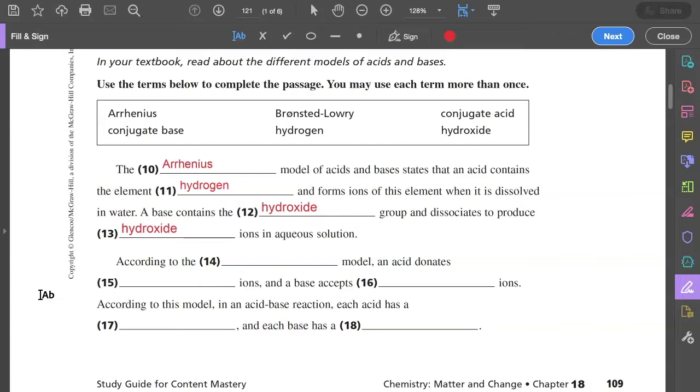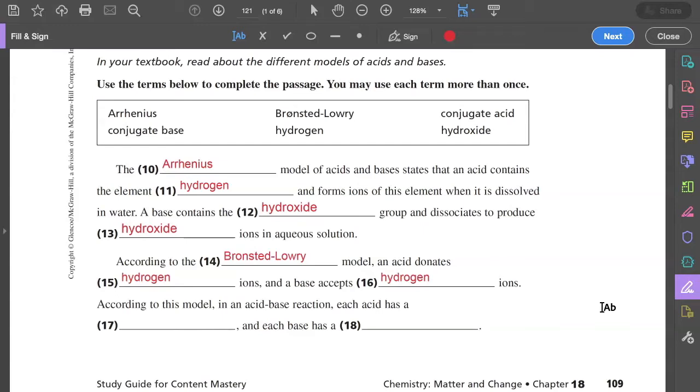All right. According to the blank model, an acid donates blank ions and a base accepts blank ions. That's the Bronsted-Lowry model. Bronsted-Lowry. I don't have a cool little special O that I can type in there like they have in their word bank, but oh well.